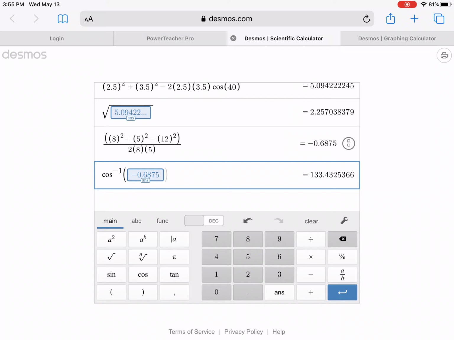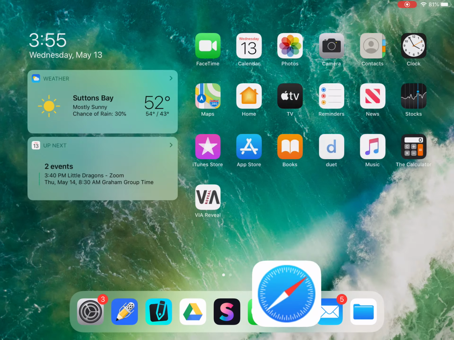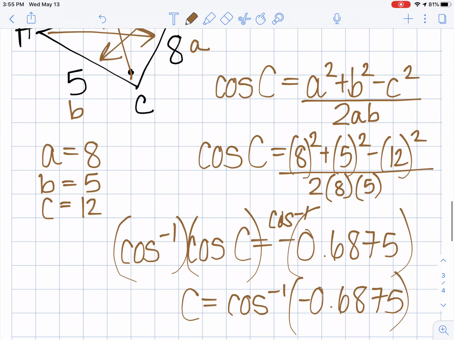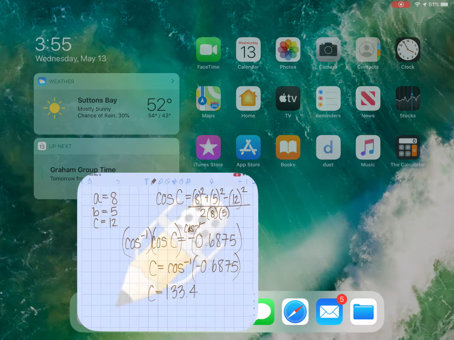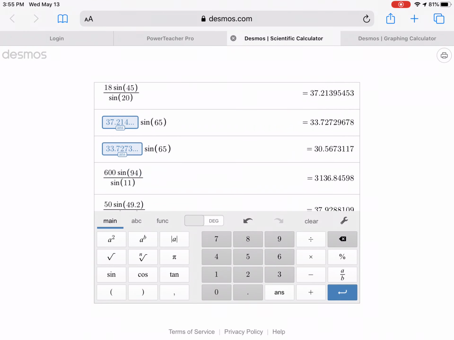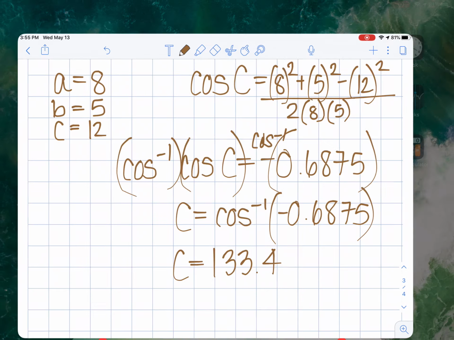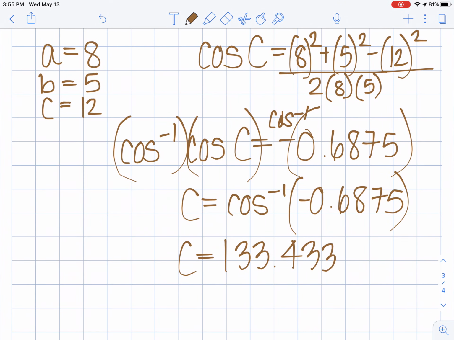And it tells me that I get 133.433. So C is equal to 133.433 degrees, and that's my final answer.